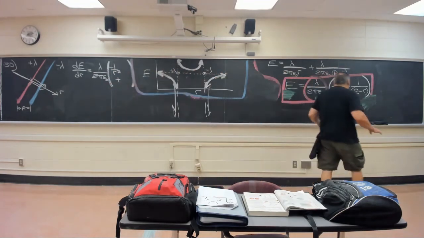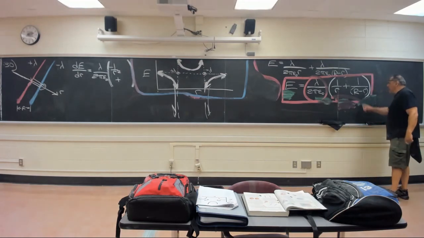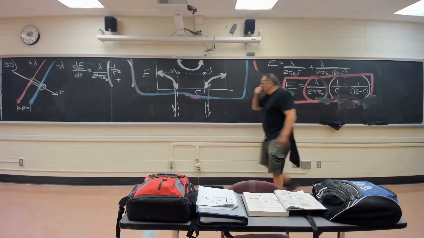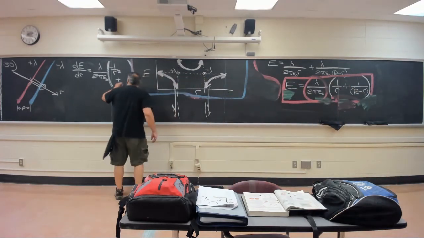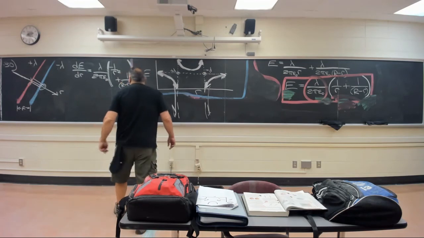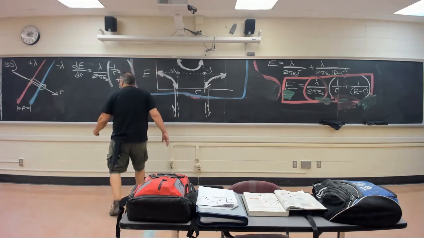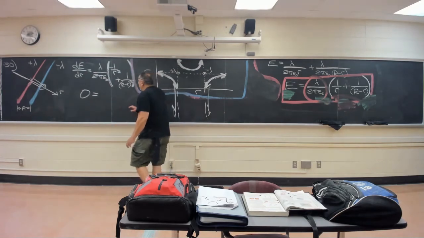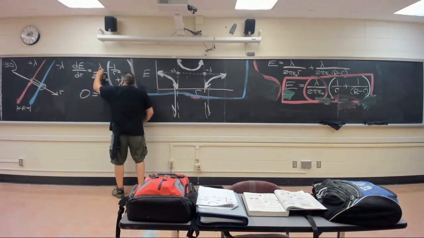The derivative here is negative 1 over this quantity squared times negative 1 again by the chain rule. Negative 1 times negative 1 is positive 1. And you got that. If you set it equal to 0, you could divide by lambda over 2 pi epsilon naught on each side, and you got this.